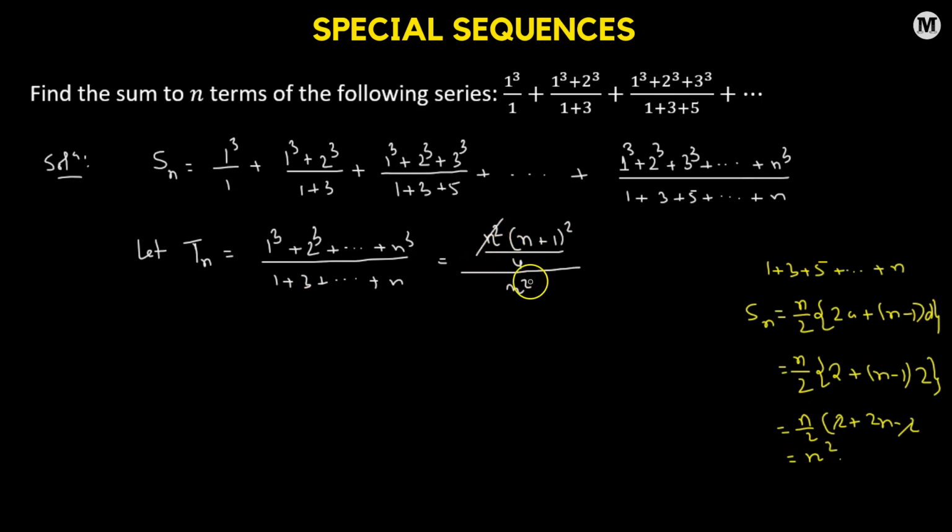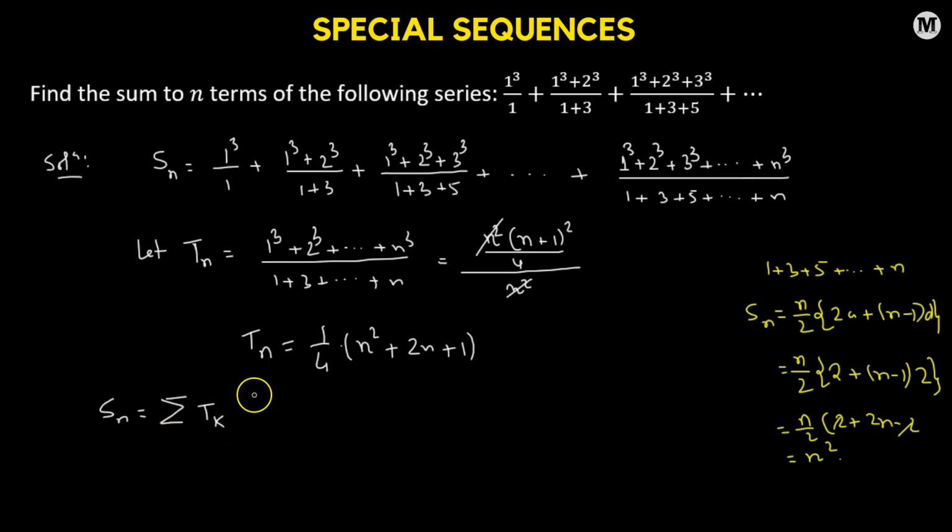Now we can factor out n squared from the numerator and the denominator, and that leaves us with Tn, the nth term of the series, equal to 1 over 4 multiplied by n plus 1 whole squared. When we expand it, we get n squared plus 2n plus 1. So this is going to be the nth term of the series. Now that we have the nth term, we can find the sum of the n terms, because the sum of the n terms is simply the summation of the nth term of the series.